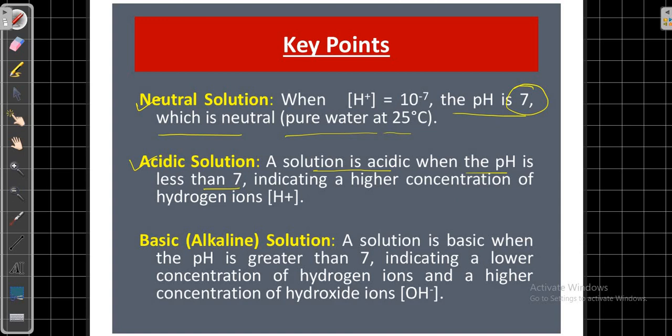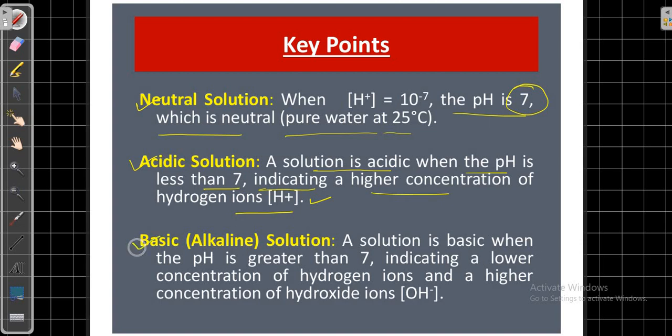Means solutions whose pH is less than 7, like 6, 5, 4, 3, 2, 1, these will all be acidic. It means they have a higher concentration of hydrogen ions, because the number of hydrogen ions provides the acidity. As the number of hydrogen ions increases, the solution becomes more acidic.